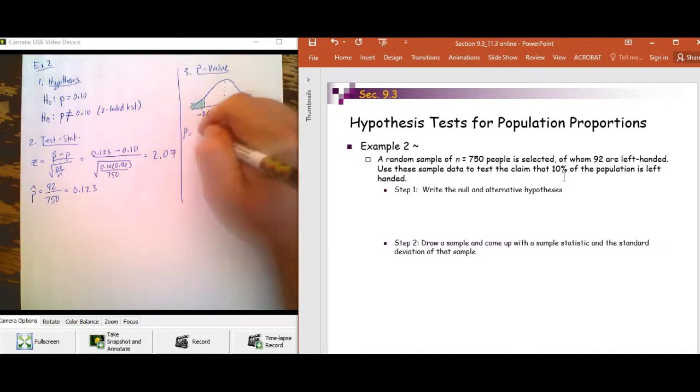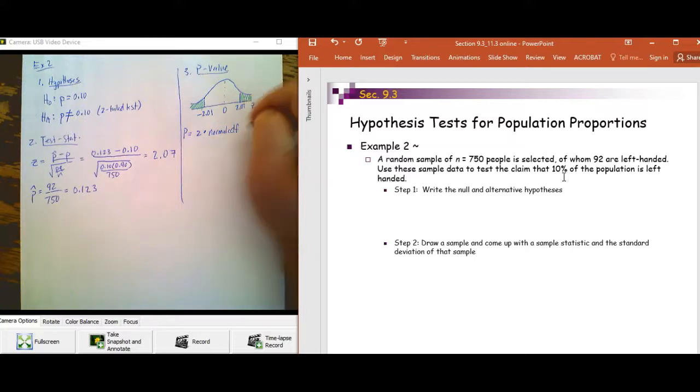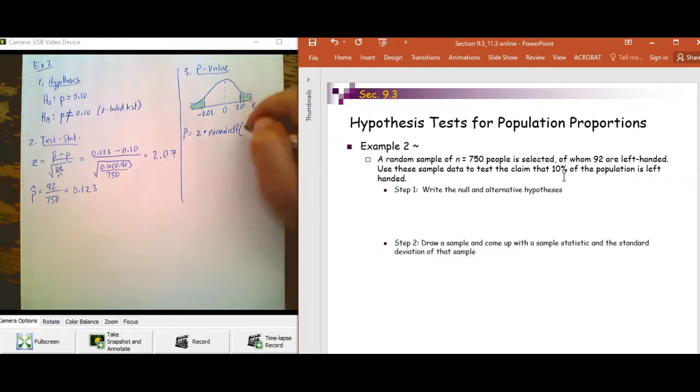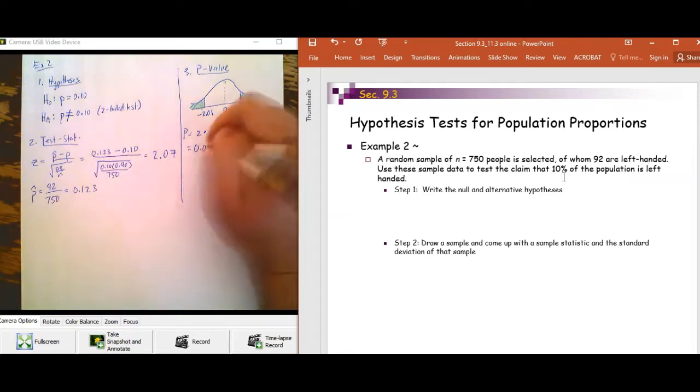So our p-value is 2 times normal CDF. And we can find either of the two. It doesn't really matter. So let's do the upper area. Let's see what that gives us. After multiplying by 2, we get 0.0385.